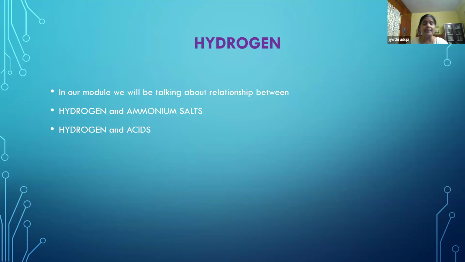In the coming series, I don't know how many of you are aware of the relationship between hydrogen and ammonium salts. I remember attending one seminar in Bombay where one of the participants asked, where is Hecla lava in this periodic table?